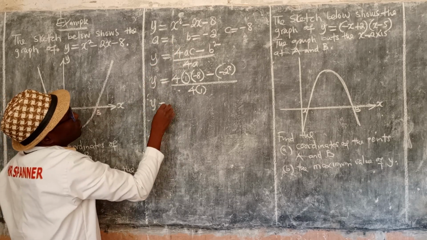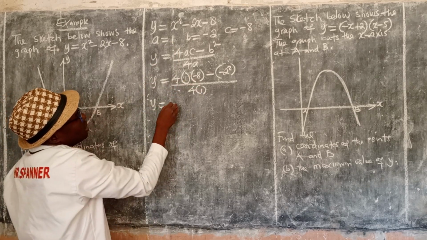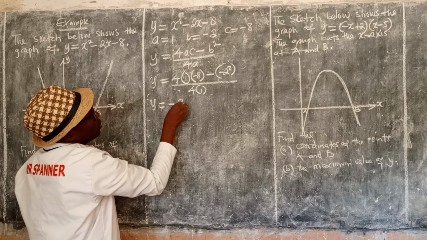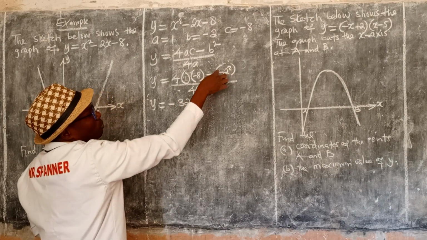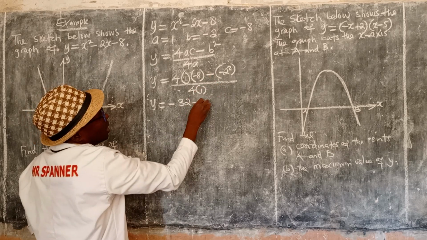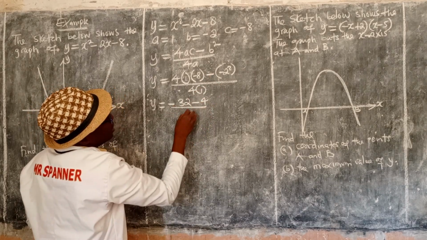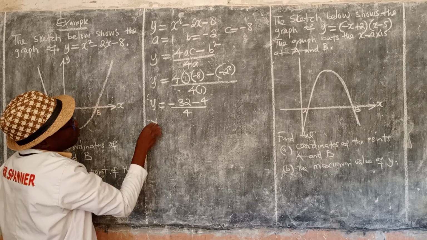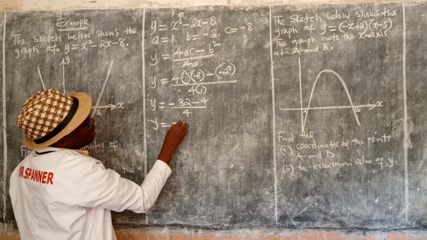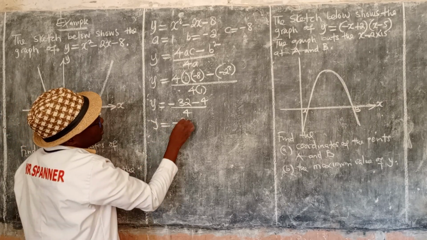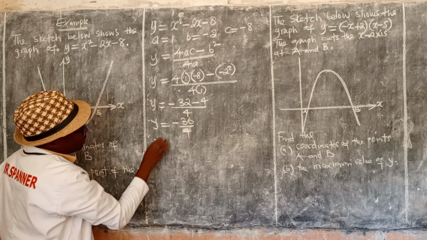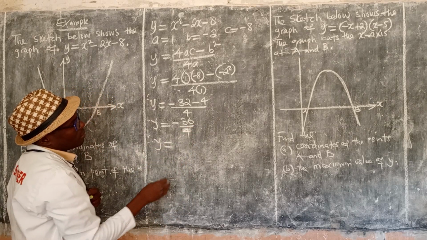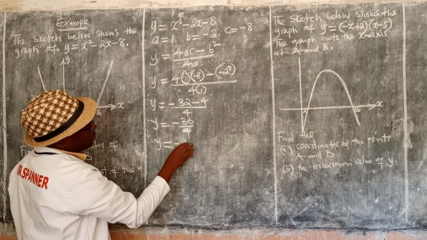Negative 2 squared is 4, so it is negative 32 minus 4, which is negative 36, over 4. Which means y is equal to negative 9.